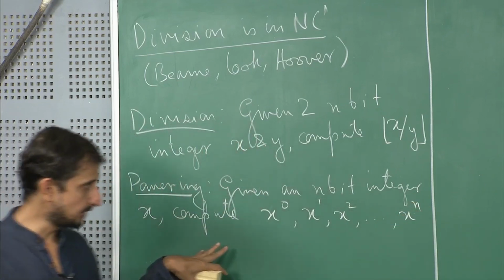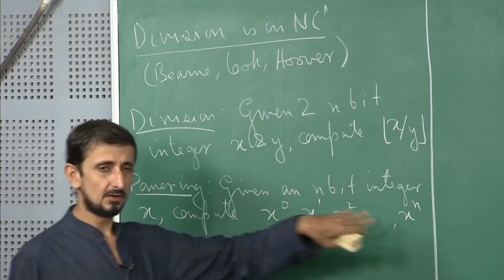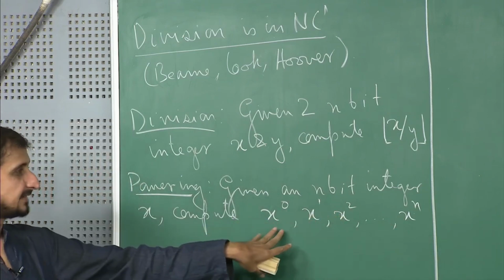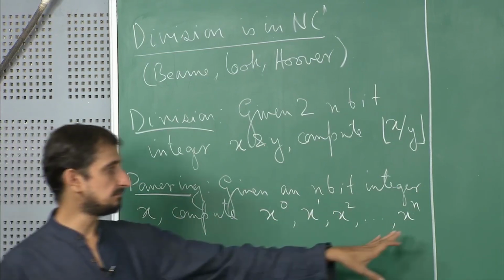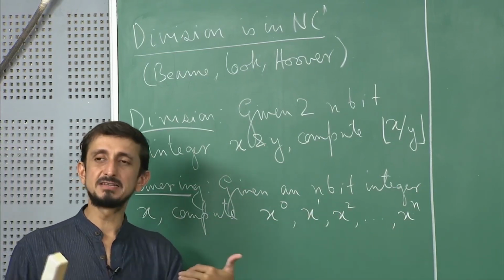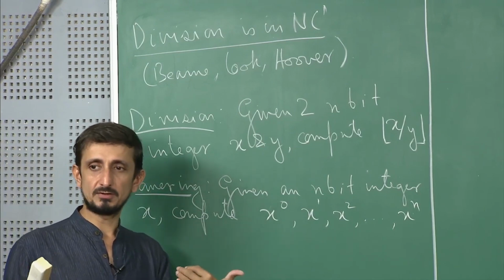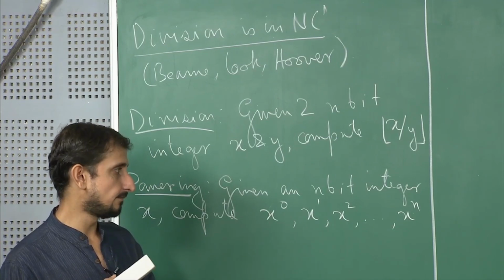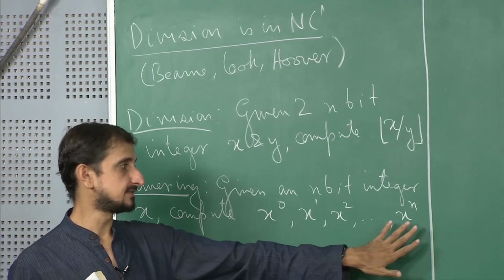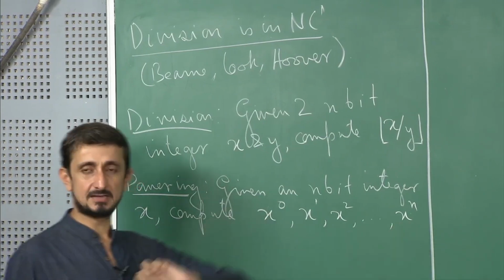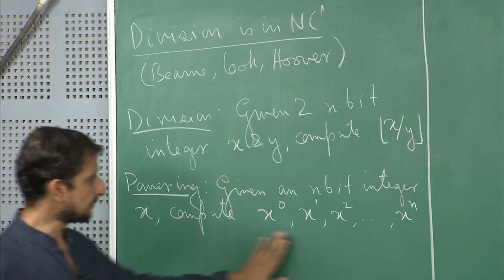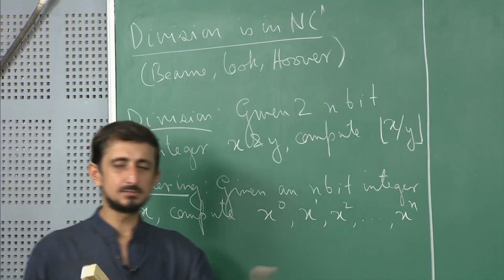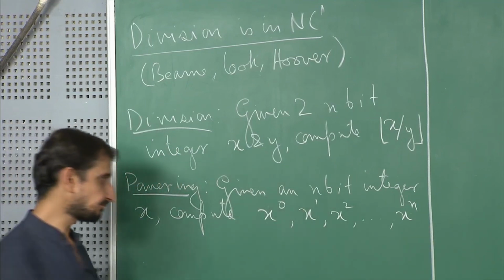So, we will compute the binary representations of these. Okay. And just to mention, for example, x to the power n. How many bits will x to the power n need? Okay. So, x to the power n would need, in the worst case, as many as n square bits, okay, because x is n bits. So, we will assume that for each of these we keep a space of 2n square. Okay.